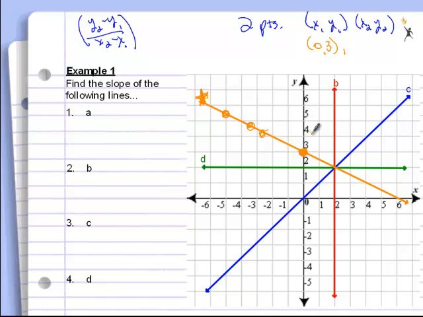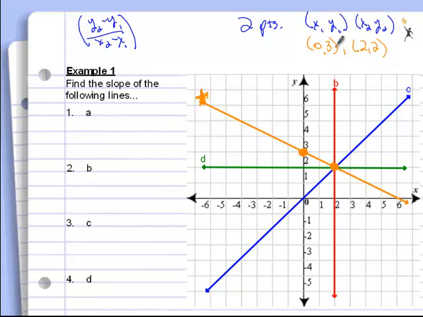This one is about 1/3 of the way between 4 and 5. You don't want to use those. You want to use points where it goes through a perfect intersection. So, for line A, we're going to use 0, 3, and we're going to use this intersection, or this point right here, which is 2, 2. Those are my 2 points that I'm going to use.